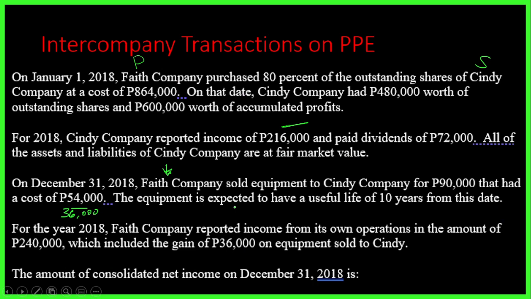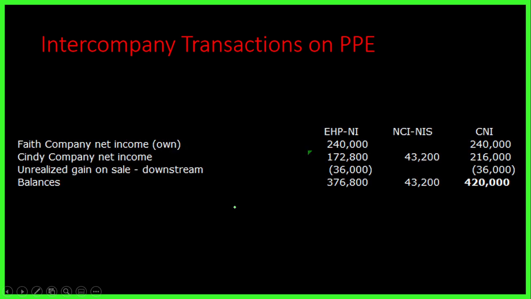We start with the net income of the parent and the subsidiary, so in this case you have 240 and 216, and then we remove your unrealized gain on downstream sales at 100%. If it is upstream, it's still 100% for consolidated net income. But if the question asked for this or this, then that 36,000 should be distributed between the parent share and the share of the minority interest. So, the answer is 420,000.